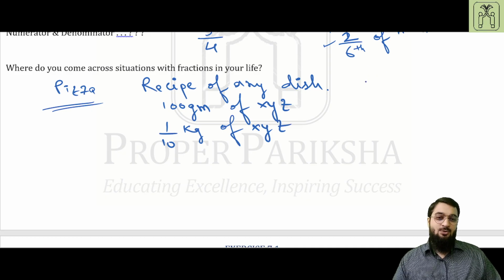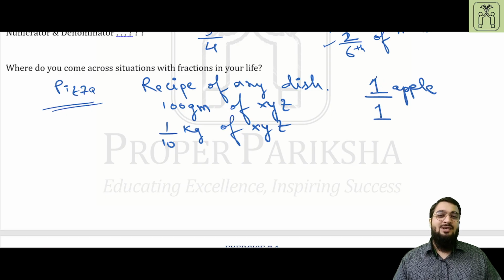Even if you say, I ate 1 apple, this one apple can also be represented as a fraction, because you have eaten one total apple out of one total apple. If there is nothing else mentioned below, it means the part in question is only one.